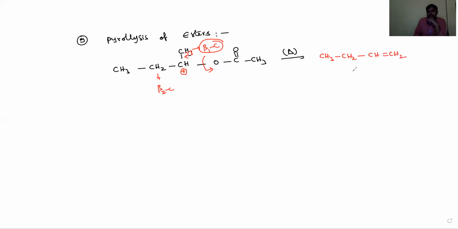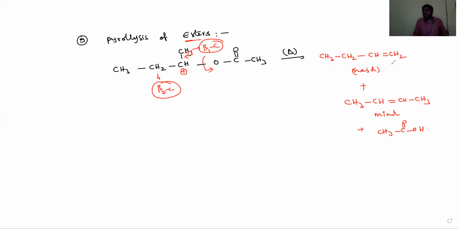But1ene is the major product because it is the less substituted alkene. Whereas if you remove the hydrogen on the beta 2 carbon, you get but2ene, the disubstituted alkene, which is the minor product, and the byproduct is CH3 C double bond OH, acetic acid. This reaction is known as the pyrolysis of esters and produces less substituted alkenes as the major product.